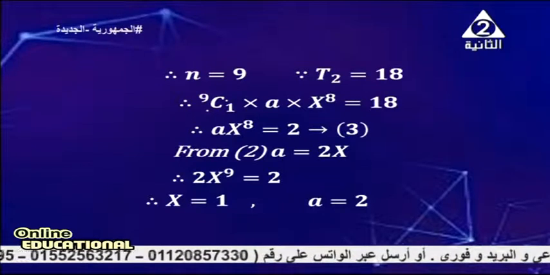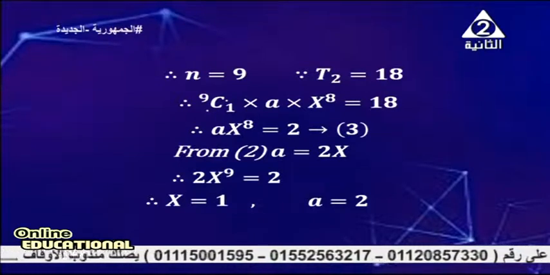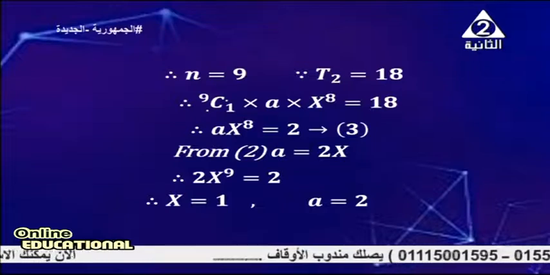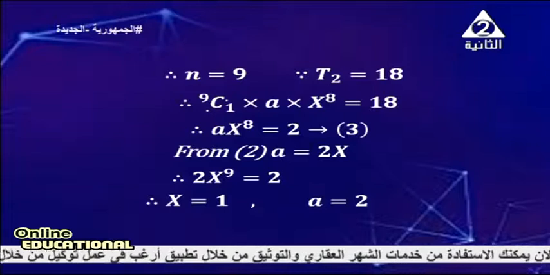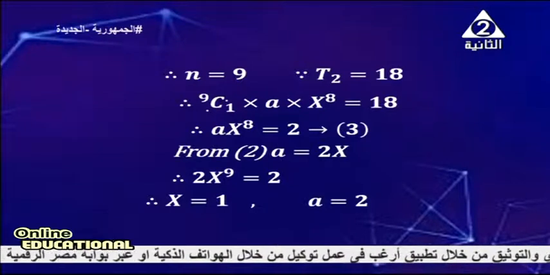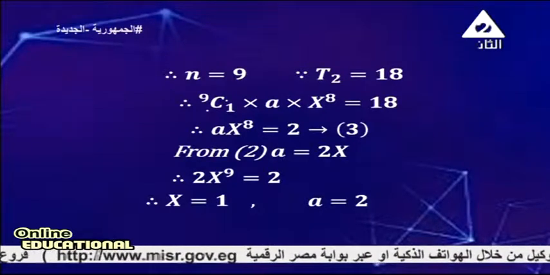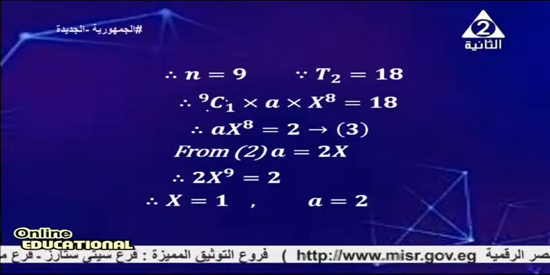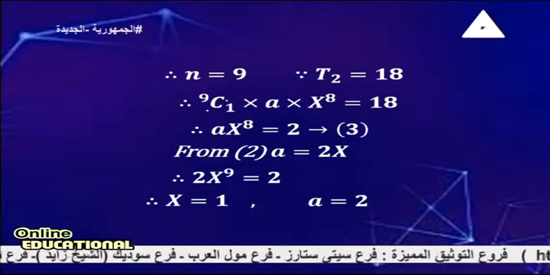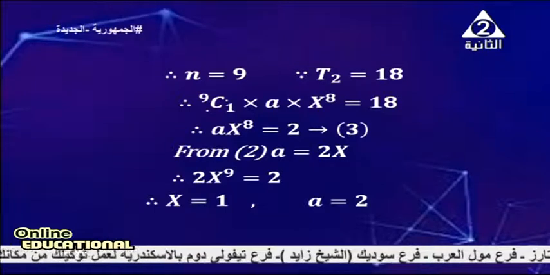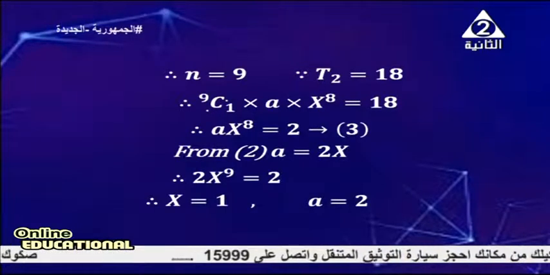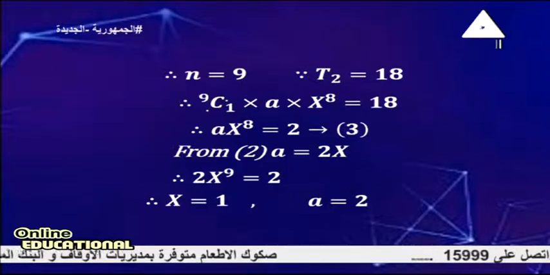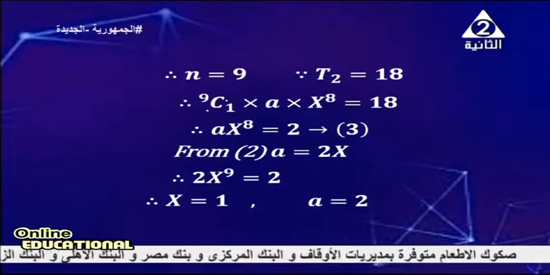To solve the two equations, we deduce n equals 9. Substituting n equals 9 into 9C1 a x to the power 8 equals 18, we deduce the third equation, a x to the power 8 equals 2.